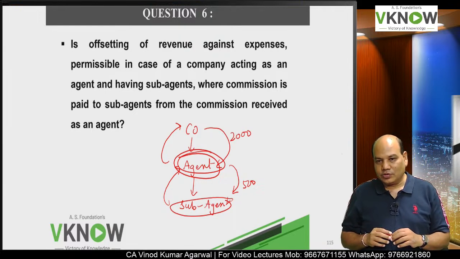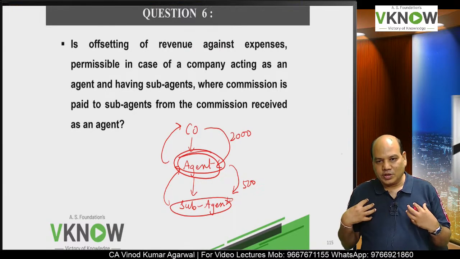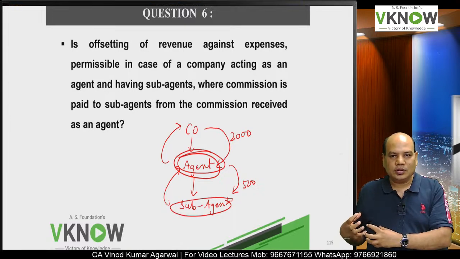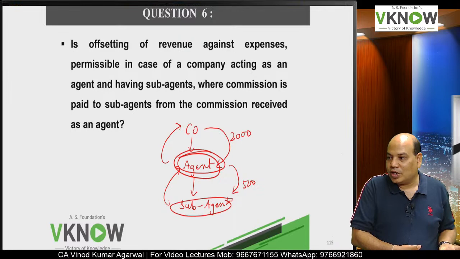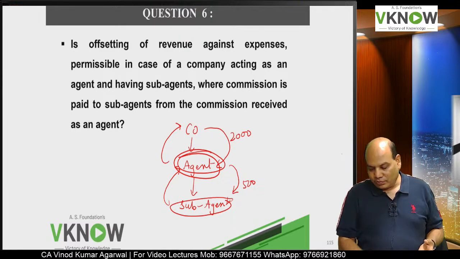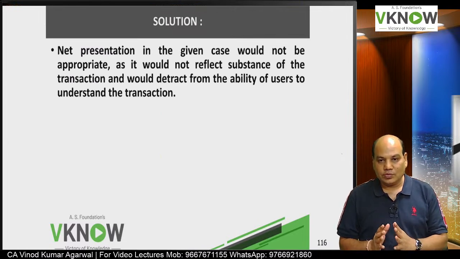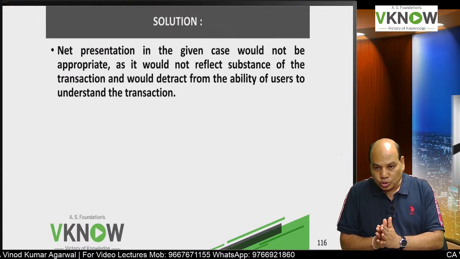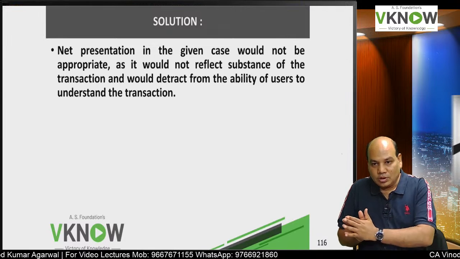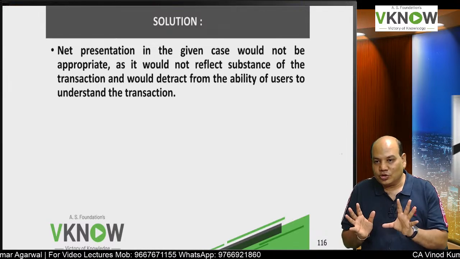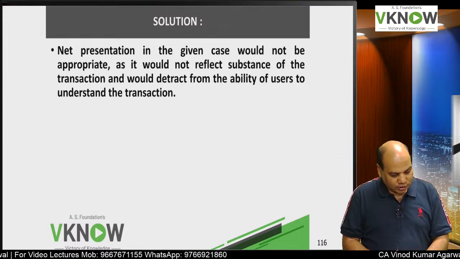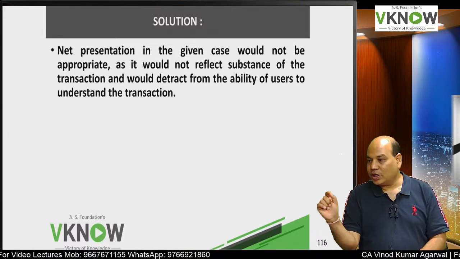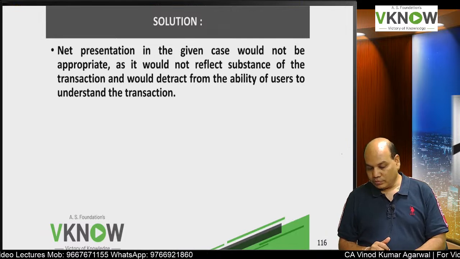So in substance it will be better because your business model is you get commission, that is your income, and you incur expense to generate that commission. So I believe that this kind of situation will result in showing commission income and commission expense separately because that is your business model. See the answer in the book where I have highlighted the important line below.